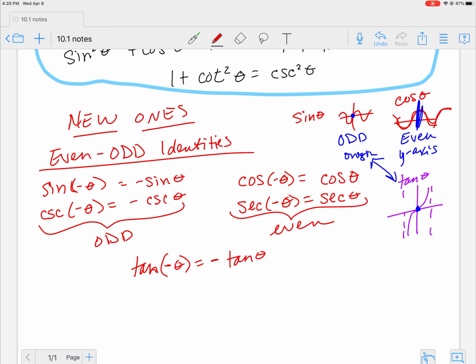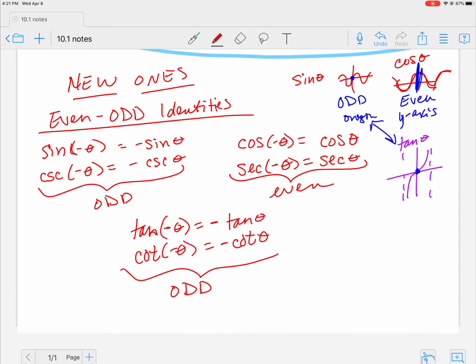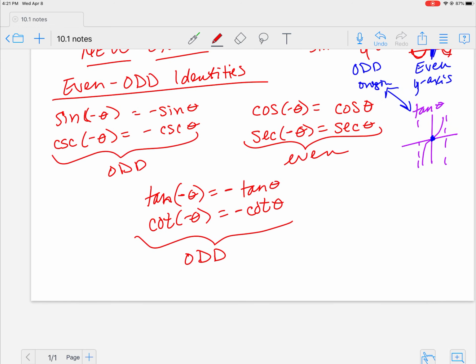Cotangent is that reciprocal, so we know that it's going to behave the same way. So if I input a negative angle, then I output a negative function. If I input a negative angle for cotangent, I'm also outputting that negative function. These are also odd.